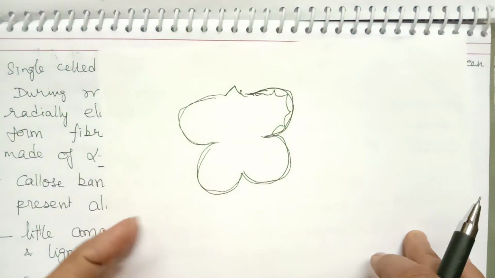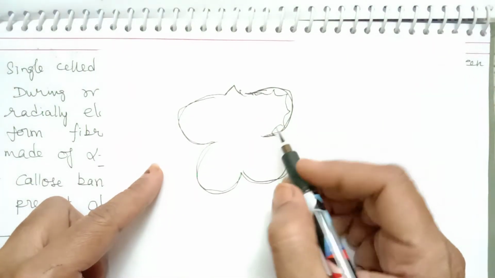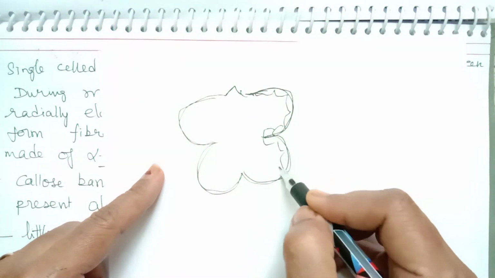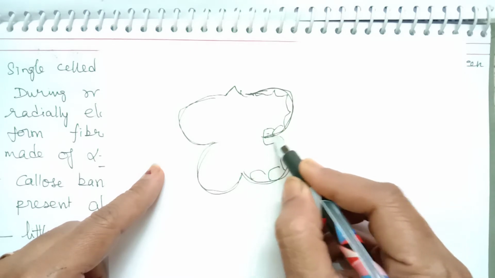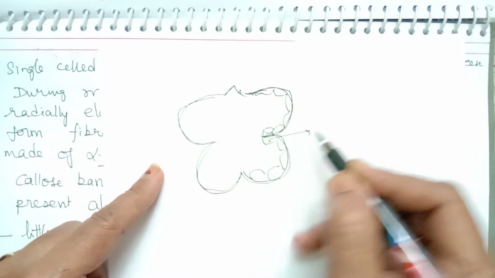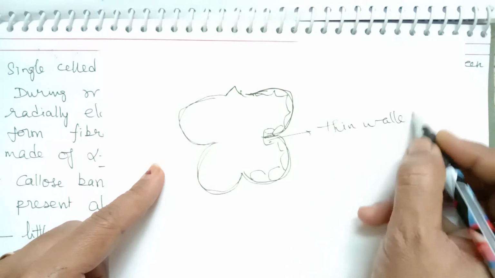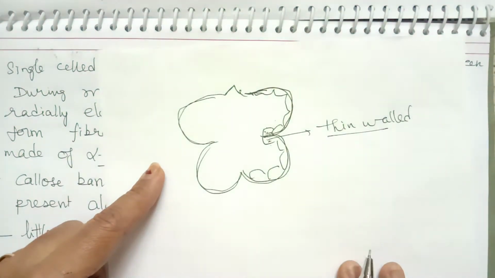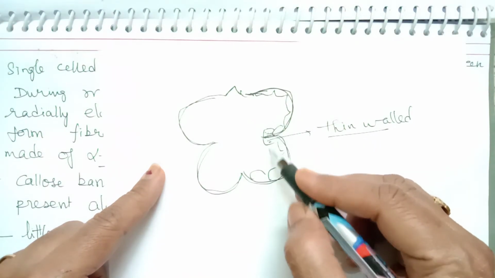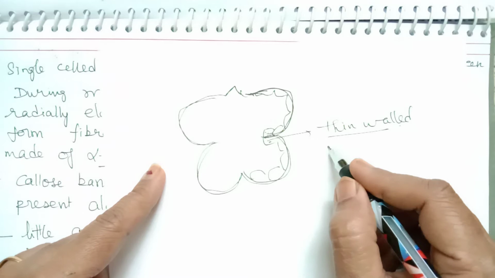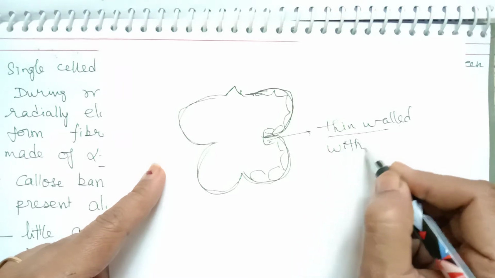And the cells of endothecium between the 2 pollen sacs, suppose these are the 2 pollen sacs, these cells of endothecium become very thin walled. That means they do not show any fibrous thickenings.